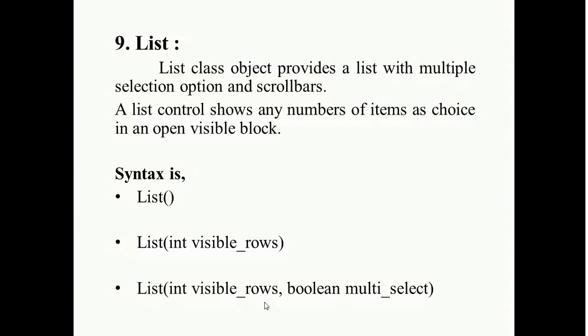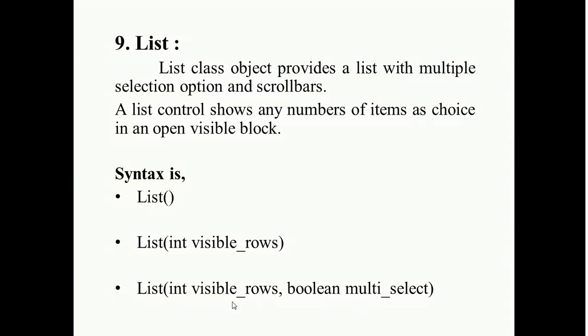And the third constructor has 2 parameters: int visibleRows, and second boolean multiSelect. This constructor specifies the visible rows and the multiple selection option. If the boolean value is true, then the user can select multiple options, and if it is false, then only one item can be selected.